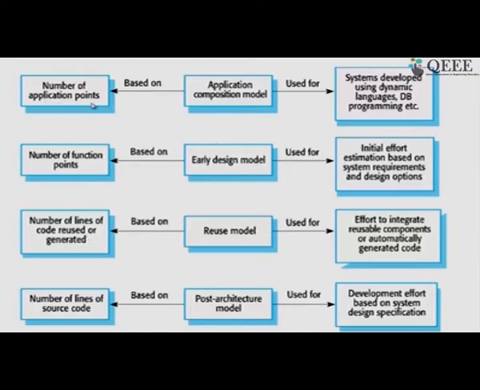We have only application points, like the number of screens and so on. In the reuse model we are trying to customize software, and we consider how much of the code is white box reuse and how much is black box reuse, that is, how many lines of code are going to be changed.